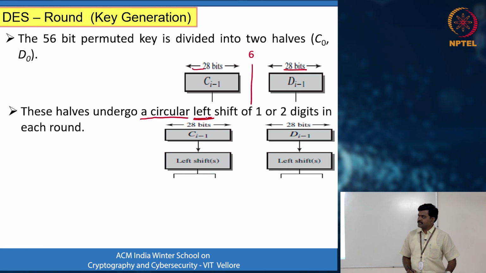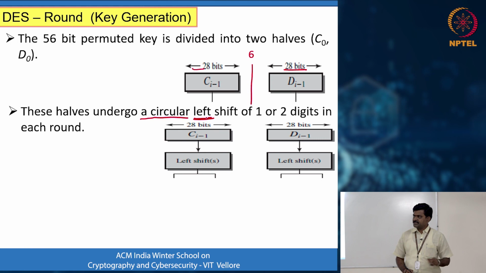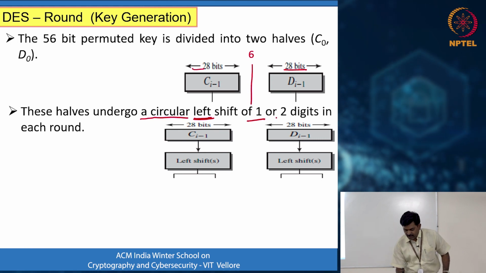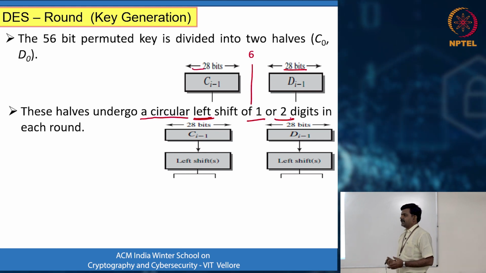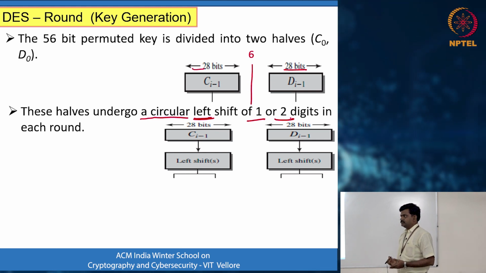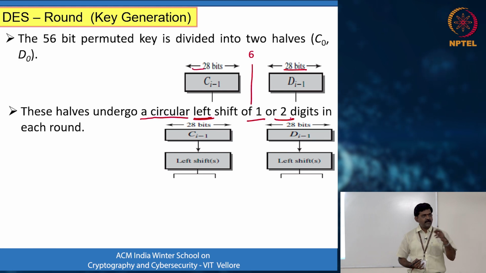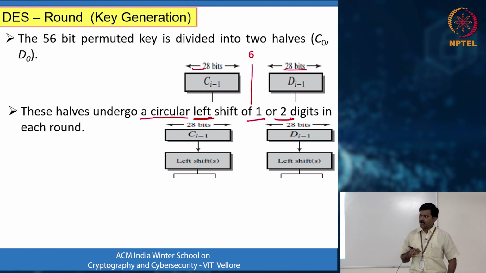Left side circular shift. When I say shift to the left, how many bits? Either 1 or 2. Now whether you make one shift or two shifts is based on the round you are in.